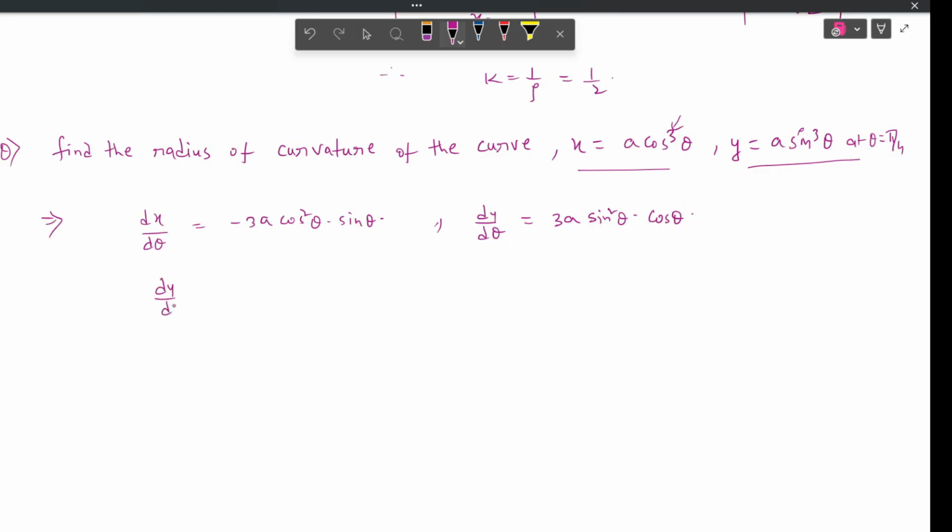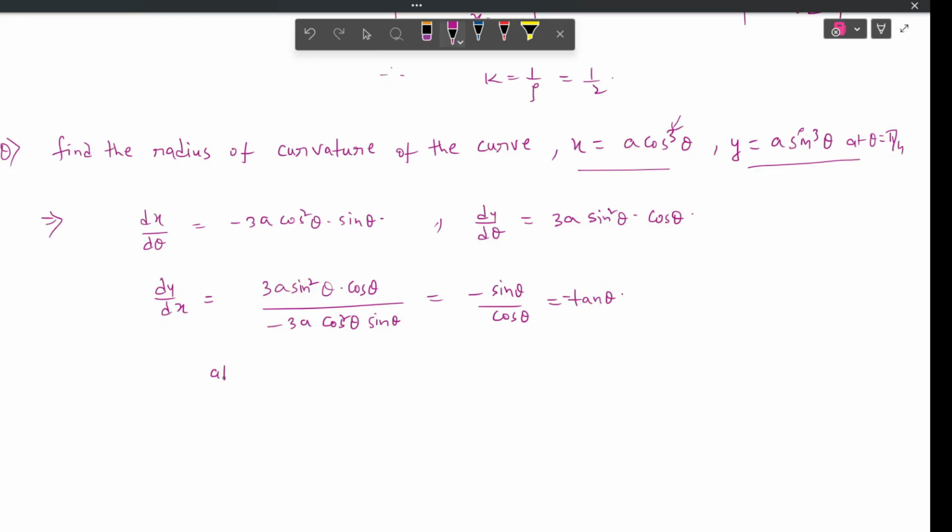So what is dy by dx? It would be dy by d theta by dx by d theta. So that is 3a sin square theta cos theta by minus 3a cos square theta sin theta. Cancelling all the similar terms, you will get minus sin theta by cos theta, that is minus tan theta.